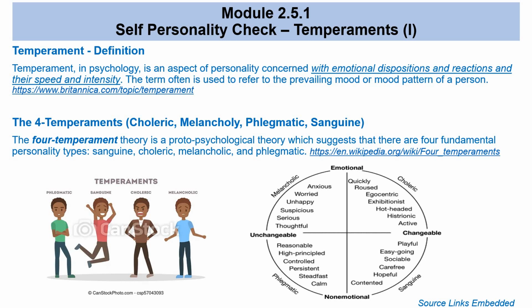So the four types mainly are known as the choleric, the melancholy, the phlegmatic, and sanguine. So basically, if you map them based on emotional and non-emotional, or whether they have the ability to change or not change, or can even easily change.